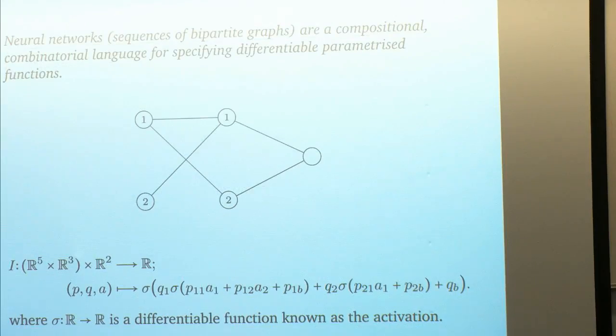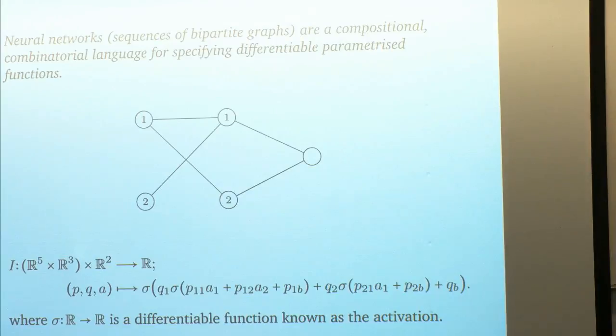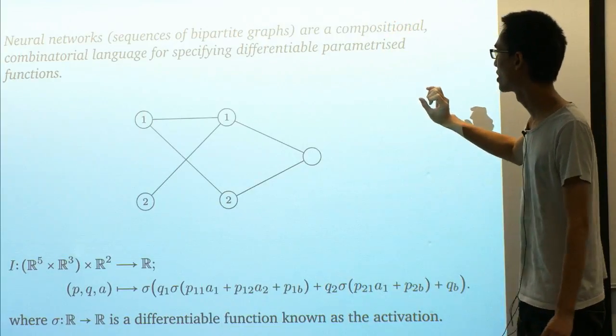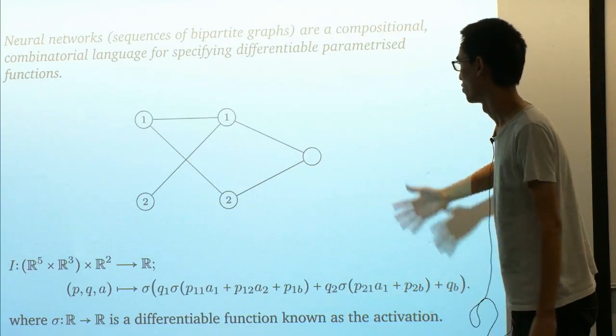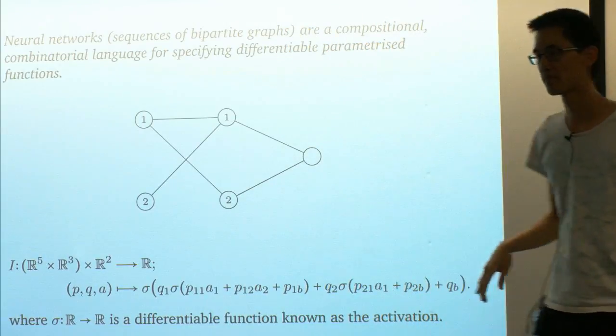OK. So the key idea here is that neural networks are some compositional combinatorial language for specifying these differentiably parametrized functions. So what is a neural network? For the simple purposes of this talk, I'm just going to think of them as sequences of bipartite graphs.